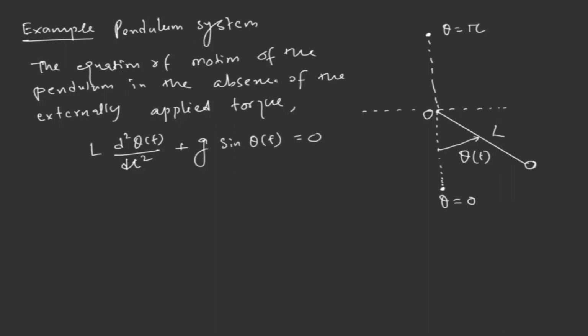So this is a very fundamental equation for the pendulum system. Let me write this as equation number 1. This equation number 1 is a nonlinear equation. Due to the sine theta t term, the system is nonlinear.